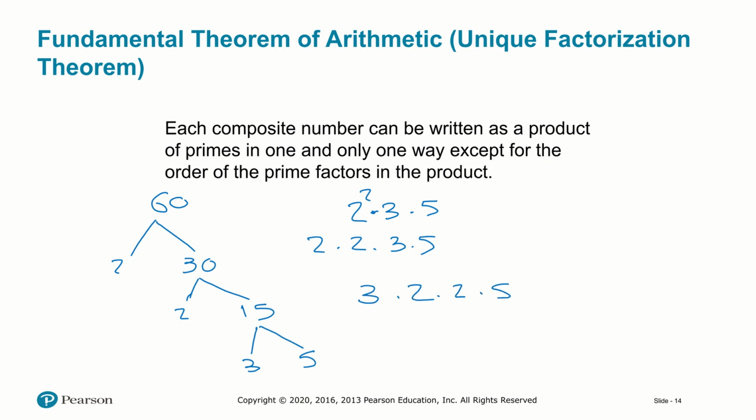But that makes no difference. So, that's why we say the prime factorization of a number is unique, except perhaps for the order in which the factors are written, which doesn't matter anyway because of the commutative and associative properties. So this prime factorization for every composite number is unique.